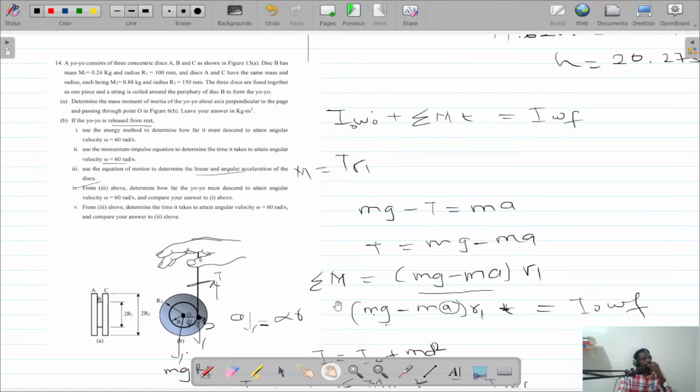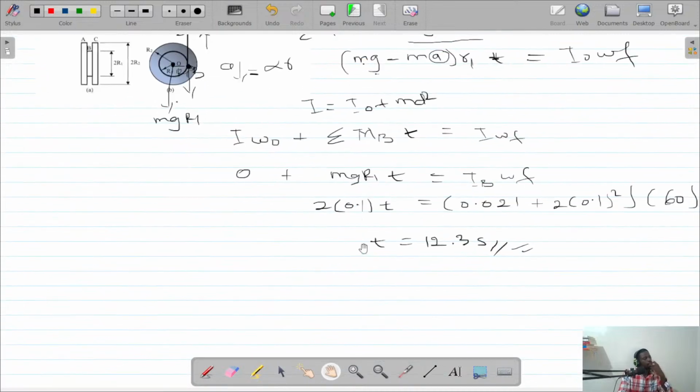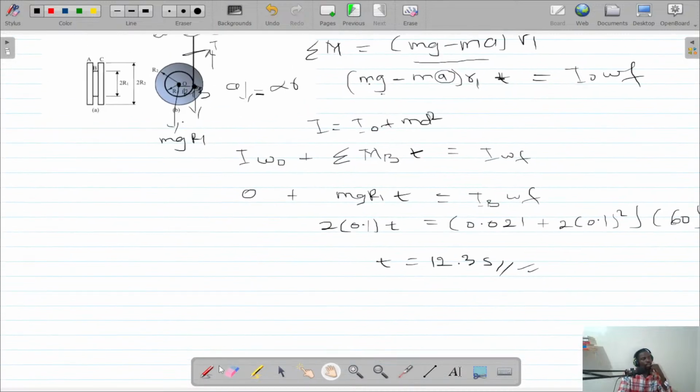Okay. So the equation of motion, we have the sum of forces equal to mass times acceleration, and the sum of moments equal to I alpha, right?